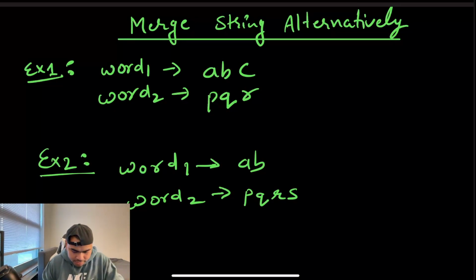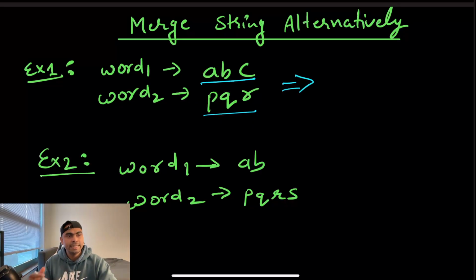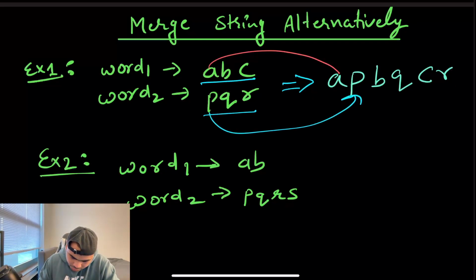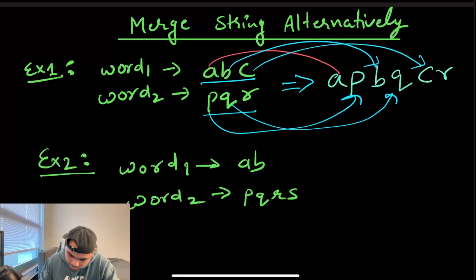Example one is where word1 is ABC and word2 is PQR, and merging them alternately gives us the answer A, P, B, Q, C, R. So A comes here, P is over here, B is over here, Q is over here, C is over here, R is over here.